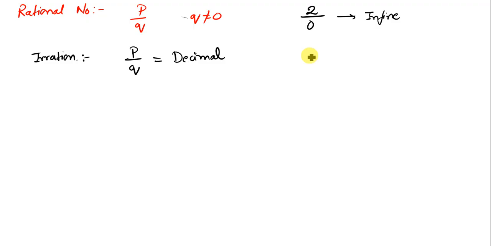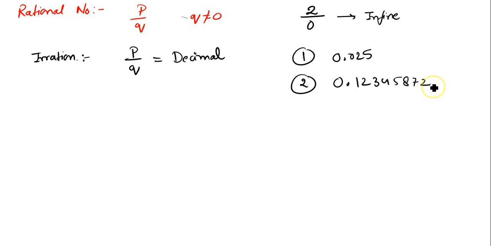The first possibility is something like 0.025, where the division ends. The second is that the division does not terminate at all, like 0.12345867274 and so on. And the third one is 0.121212112 and so on.